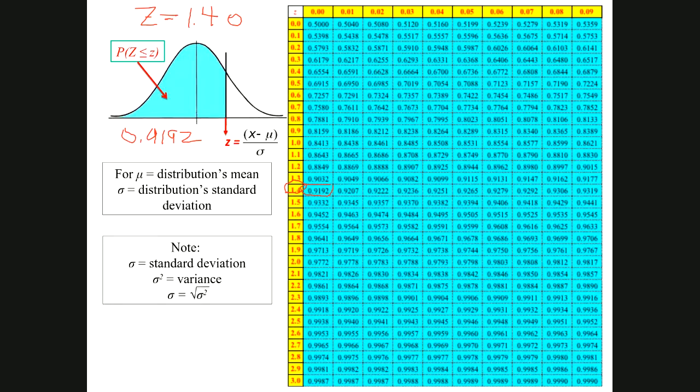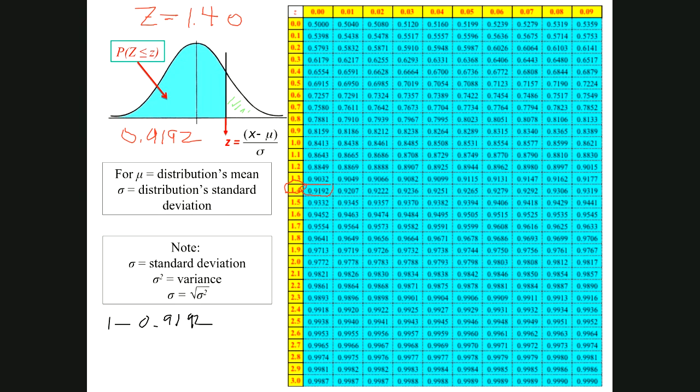Again, the area that corresponds is this area to the right, which is 1 minus that value. So again, our probability is going to be 1 minus 0.9192.